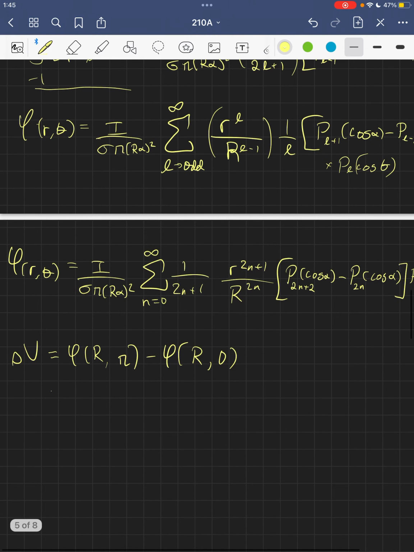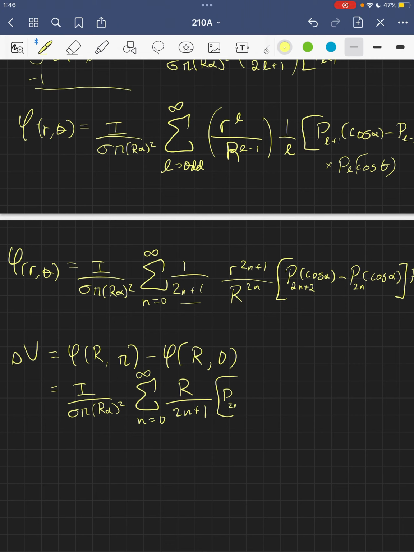Okay, so this is equal to I over sigma pi r alpha squared. I'll just leave it in terms of n, just because I already have it written right here. If we substitute in the big R, then this just becomes R over 2n plus 1.